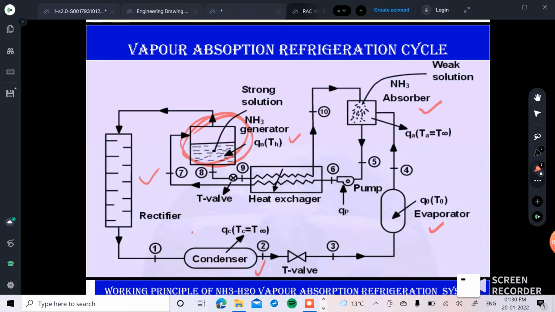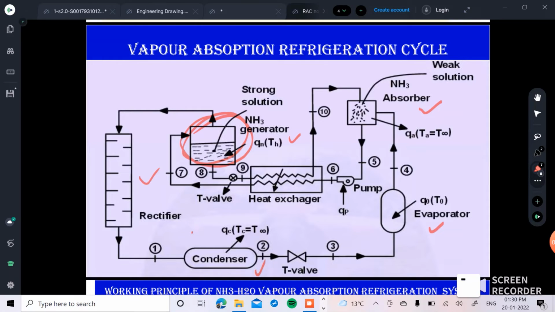The water vapor carried with the NH3 vapor is removed in the separator as shown in the above figure. The dry NH3 vapor is condensed by passing through the condenser with the help of an external cooling source.